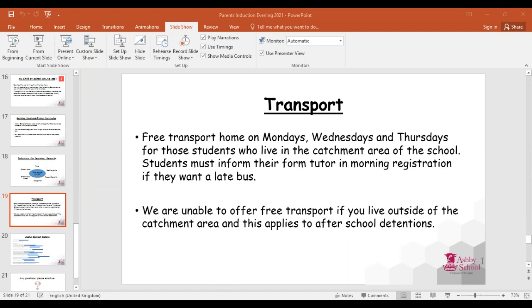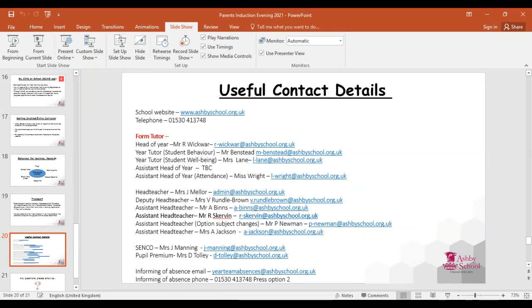Information will be emailed out this week, I believe, regarding timetables and form tutors, so please keep an eye on your emails. And finally, like Mr. Binns has just mentioned, here are all the useful contact details which you may need throughout the two years your child is with us. It's all on the school website as well.